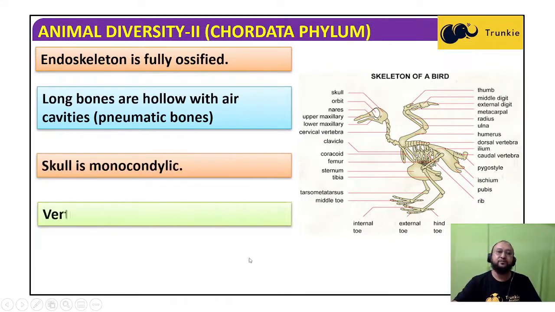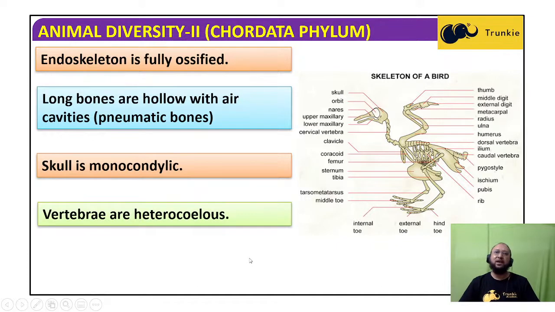Skull is monocondylic. You have seen the birds or hens can move their head 360 degrees. We are not able to move 180 degrees from here to here. So 180 degrees only, because we are dicondylic. This point I have already explained in the previous class twice. Again I am explaining that condylic refers to the first vertebra right after the skull.